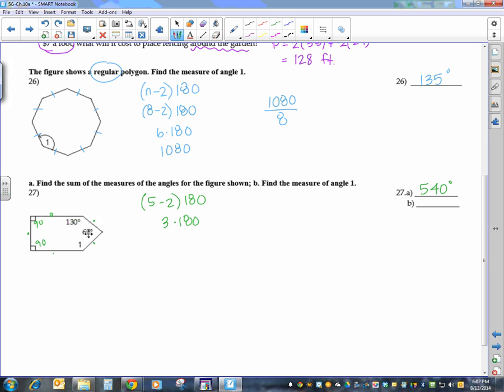And we know that's 130 and that's 60. So we've got to add up 90, 90, 130, and 60. And that gives us 370. So if I know that these four add up to 370 and the total is 540, then I'm going to take 540 minus 370, and I'm going to get my answer, which is going to be 170. So it's 170 degrees.